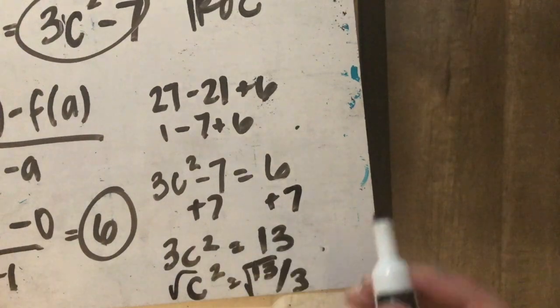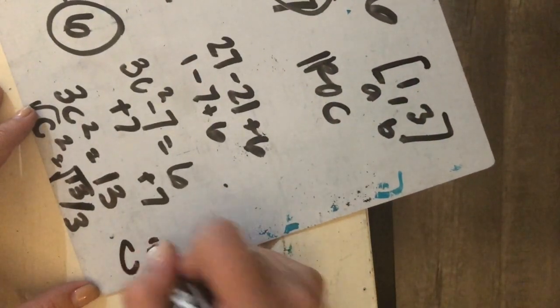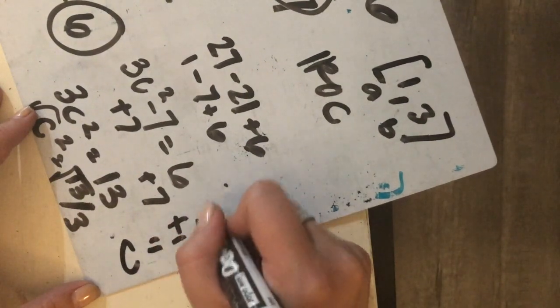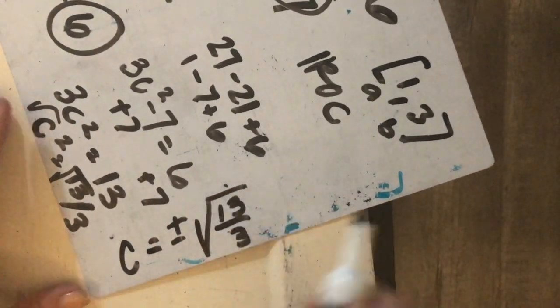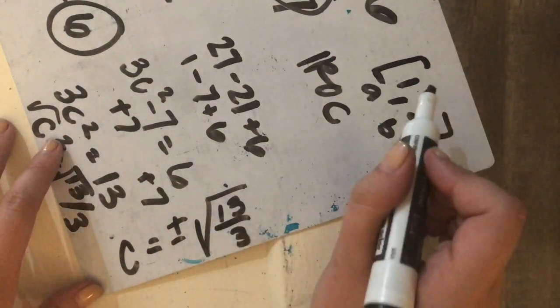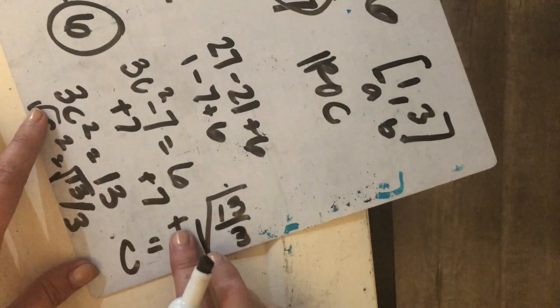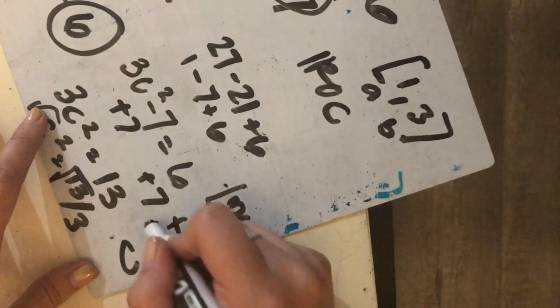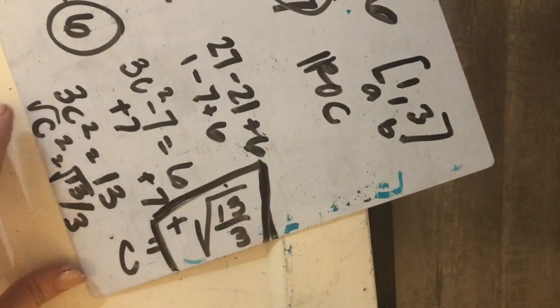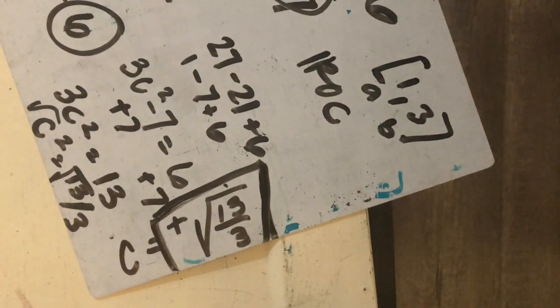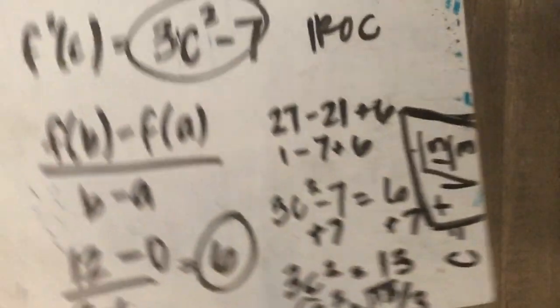Take the square root, and I would get c equals plus or minus, technically, because anytime we take the square root, okay, but compare that to our interval, right? Our interval said only between 1 and 3, so we only want the positive version. So actually my c would just be this here. So that is the value of c based on our mean value theorem, based on setting our AROC equal to our IROC. Let's do number 2, which is a calculator question.